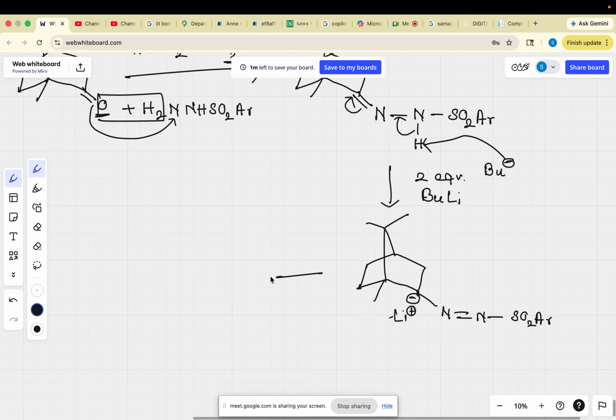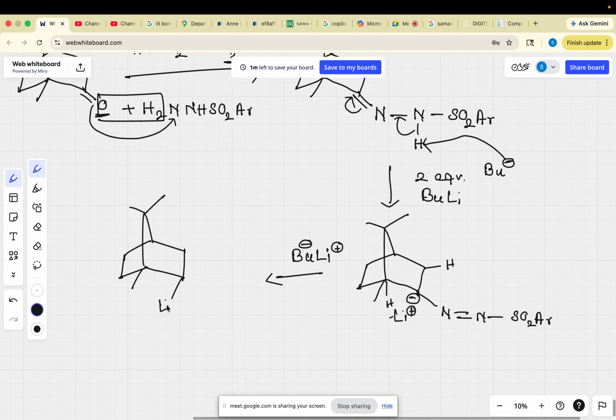Now the second butyl lithium, you have another equivalent of butyl lithium, so that will abstract the proton from which position? That is the question. This proton or this proton? Which proton will it abstract? Because it is a bulky base, sir.